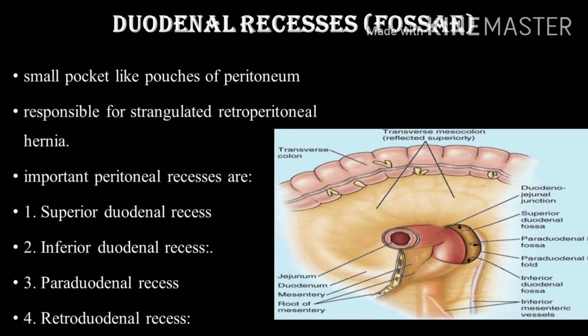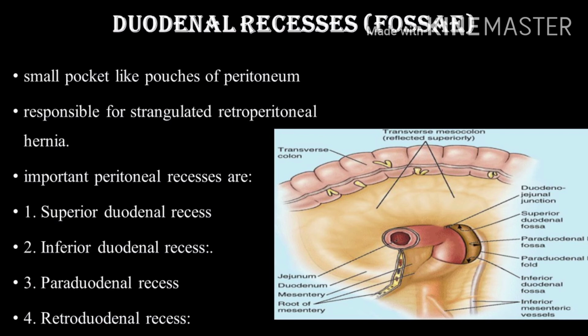Duodenal recesses or duodenal fossae. In the region of the duodenojejunal junction, small pocket-like pouches of the peritoneum are formed. These are called duodenal recesses. These are sometimes responsible for strangulated retroperitoneal hernia.